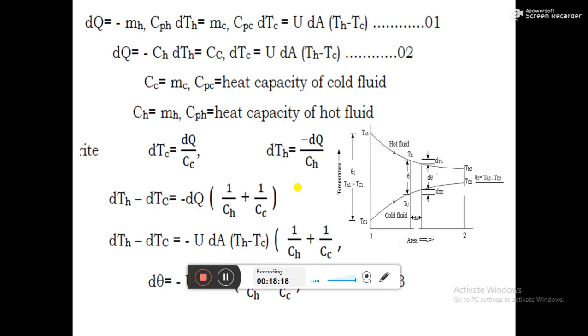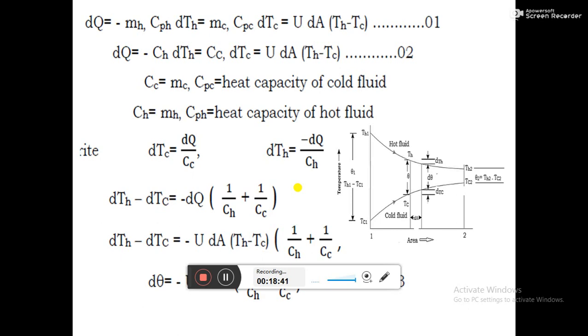You studied all these equations in your BTD itself, and these two equations are equal to U into dA into Th minus Tc, because this equation also gives the amount of heat which is transferring, which is exchanging between the hot and cold fluid.